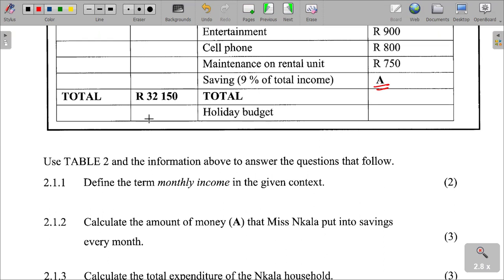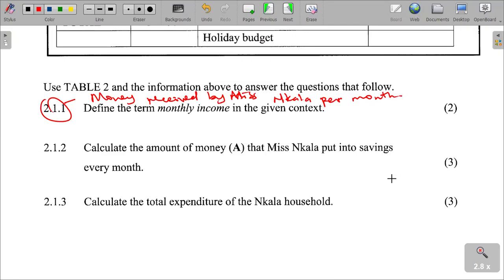It is the money received by Miss Ngala per month. Money received by Miss Ngala per month is what you call monthly income.